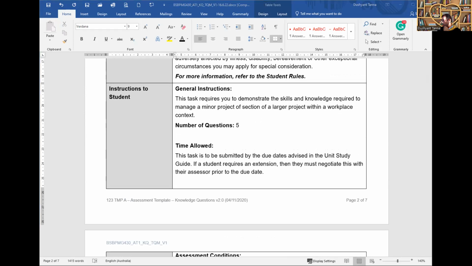The due date of this one will be 10th of July. Okay, 10th of July, because we are meeting back on 11th. Let me quickly confirm that.